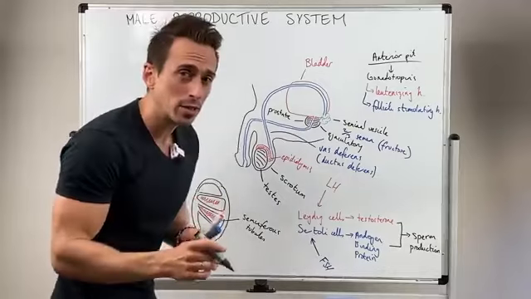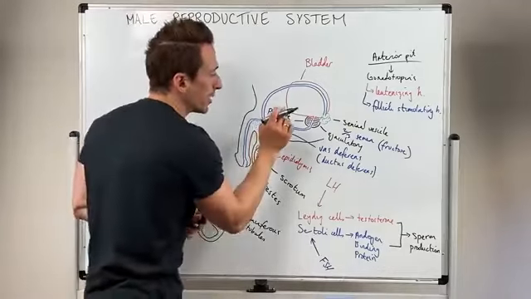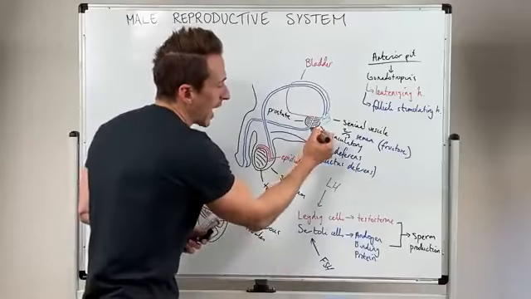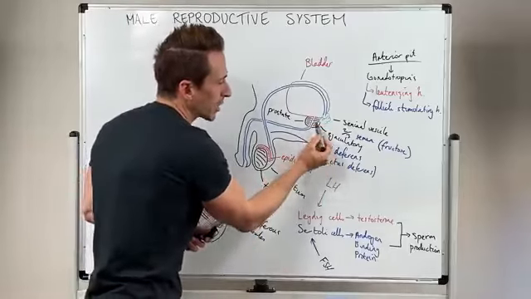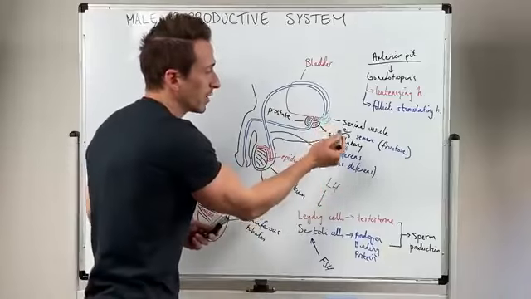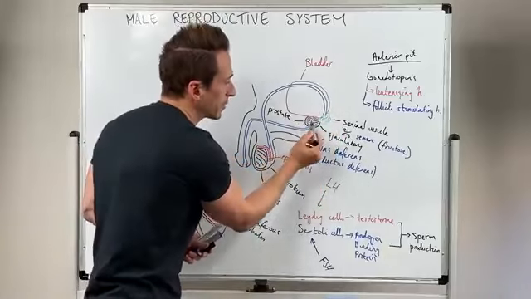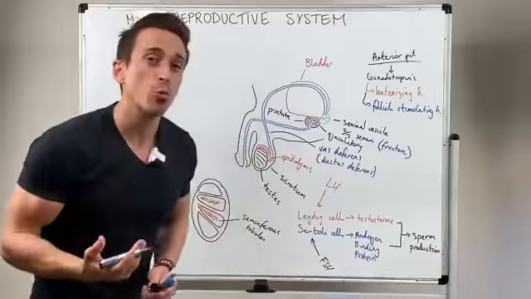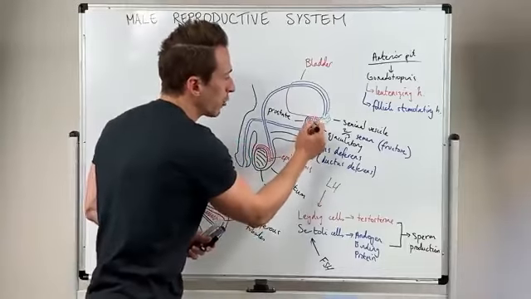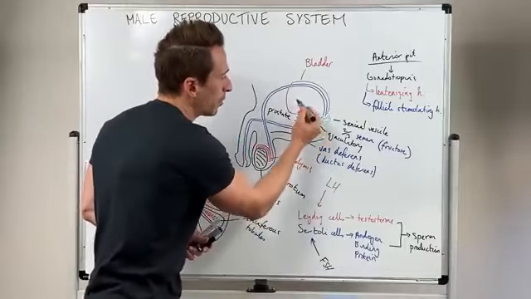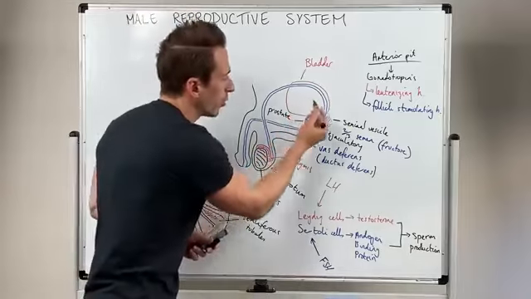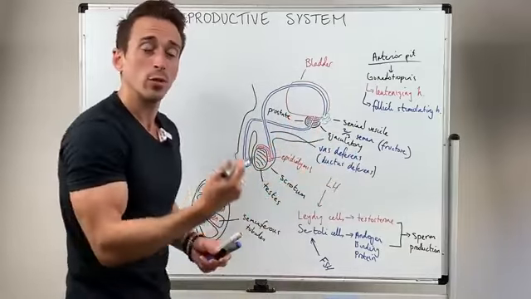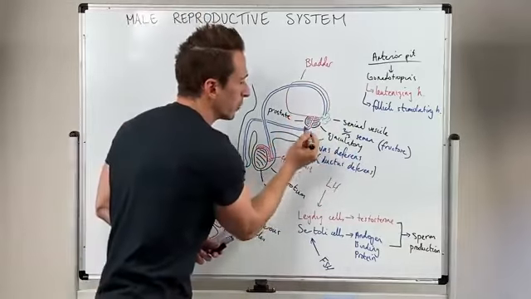Not prostrate, which means to lay down, but prostate. The prostate houses both the ejaculatory duct, which is coming from the seminal vesicles and the vas deferens, but also the urethra. And the urethra is going to be sharing a pipe that houses urine, but also this semen, which has sperm and also the fluid from the seminal vesicles.